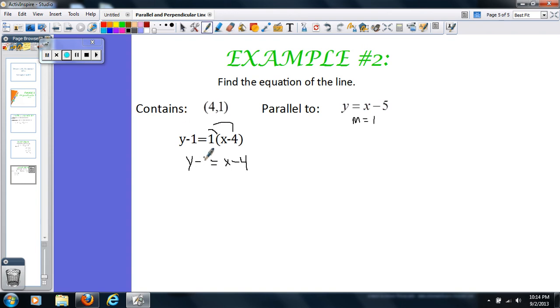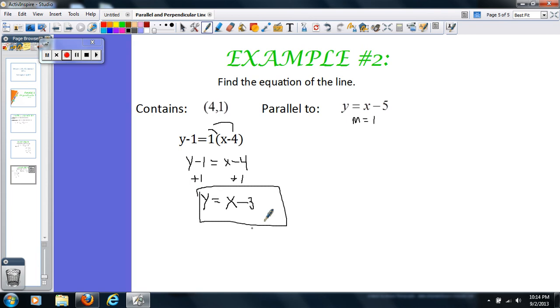This is a minus 1. Now I'm going to add 1 to both sides, and I get y equals x minus 3. That gives me the equation of the line.